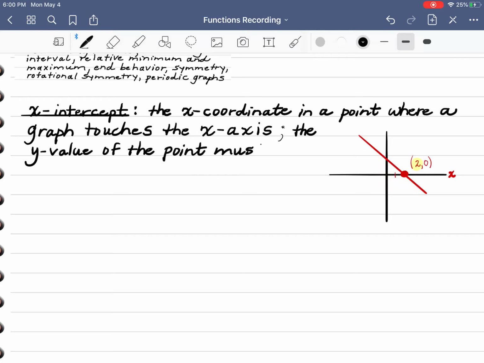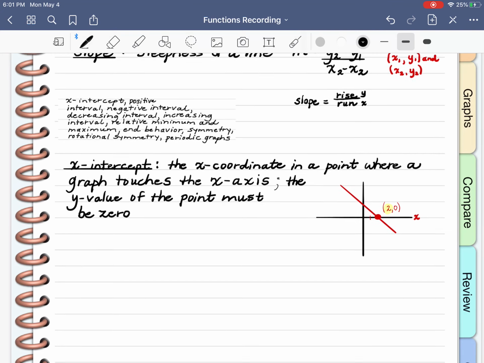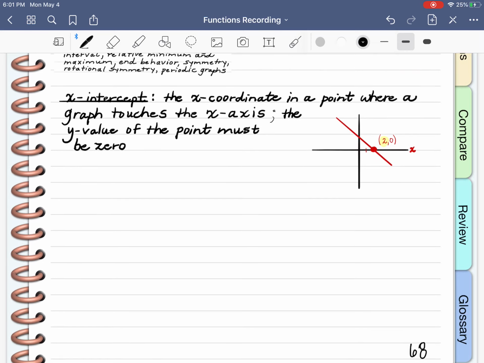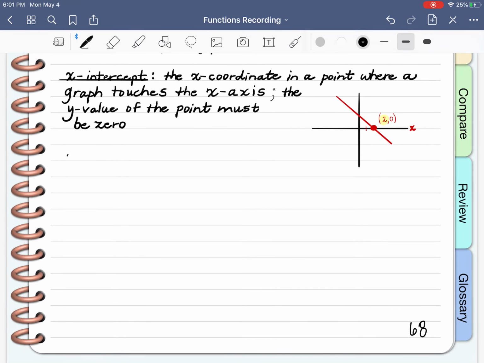So if you're looking at a table of values and you find a y value that is a 0, the input that goes with that is the x-intercept. Y is 0, and then x will tell you where it crosses the line or touches the line. So we've done x-intercept. Let's look at positive interval.